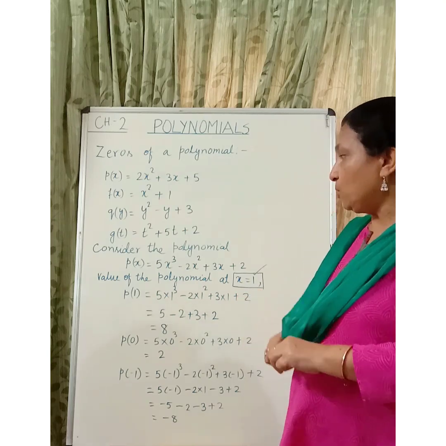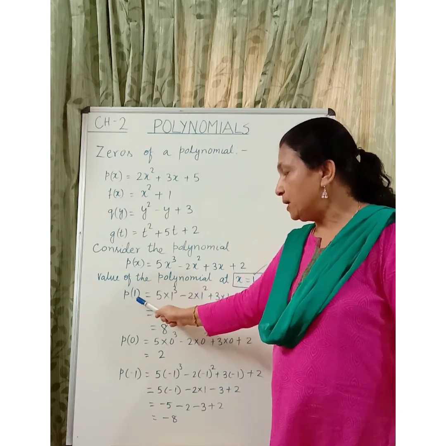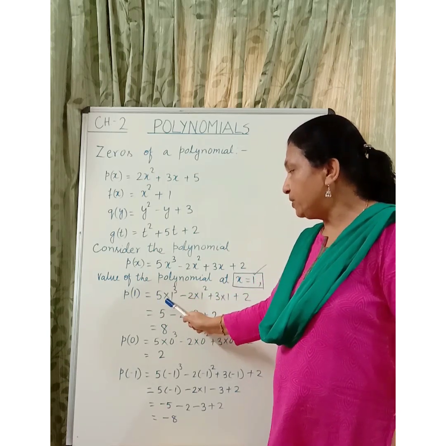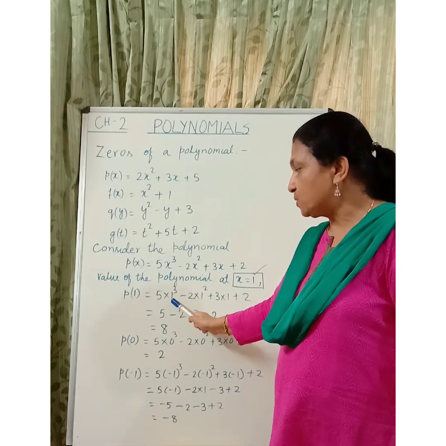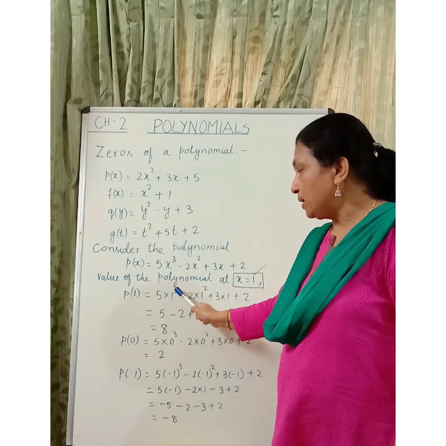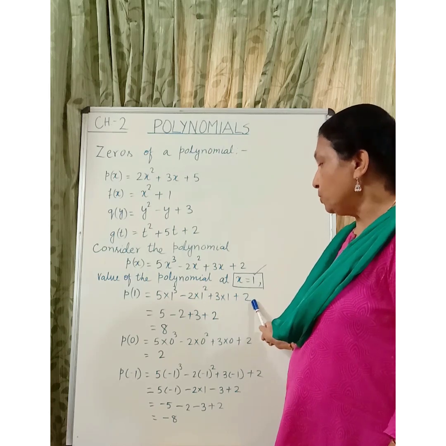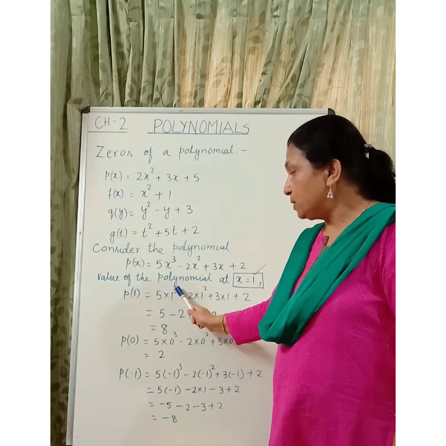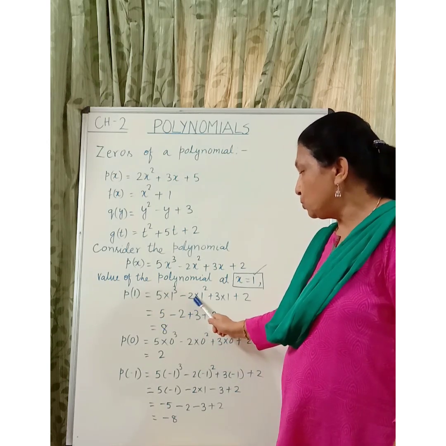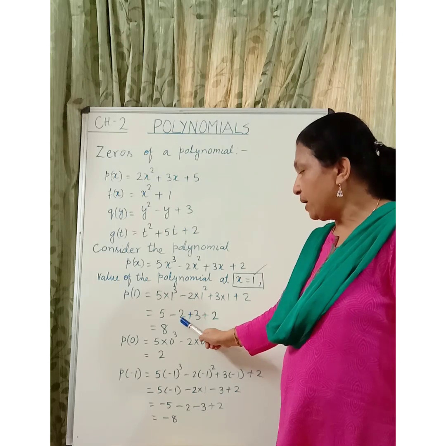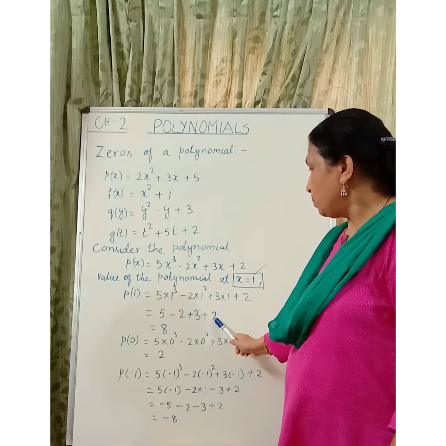So the value of the polynomial for 1 is written as p of 1, that is equals to 5 into 1 cube minus 2 into 1 square plus 3 into 1 plus 2. As the x value is 1, we have replaced x by 1. 1 cube is 1, so 5 into 1 is 5, minus 2 into 1 square is minus 2, then 3 into 1 is 3, so plus 3, then plus 2.